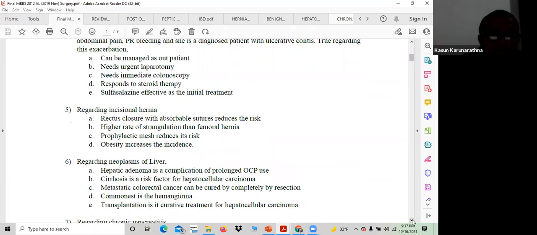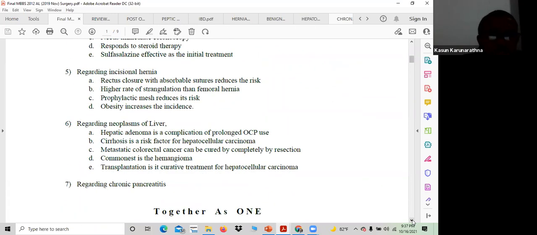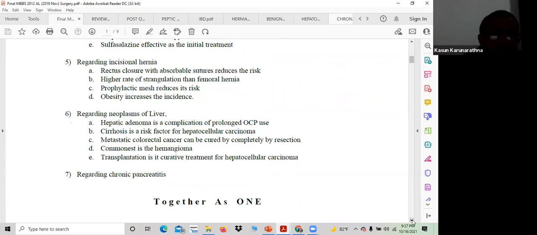Right. Then incisional hernia. What is an incisional hernia? What is the definition of incisional hernia? It's a herniation through a weakened surgical scar, right? That is what happens in incisional hernia.